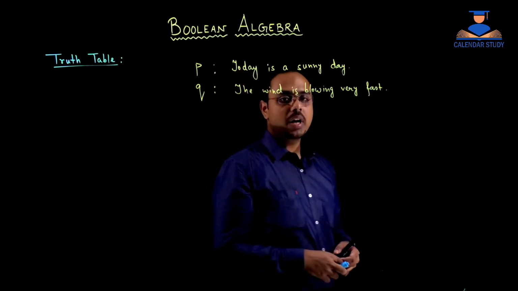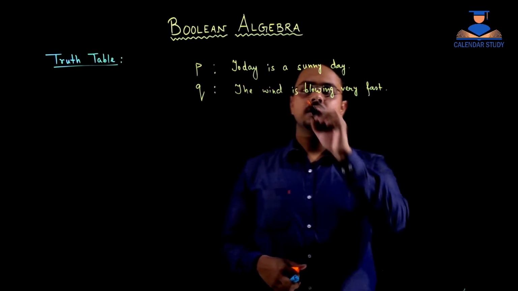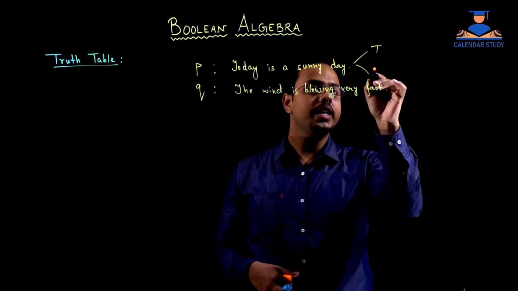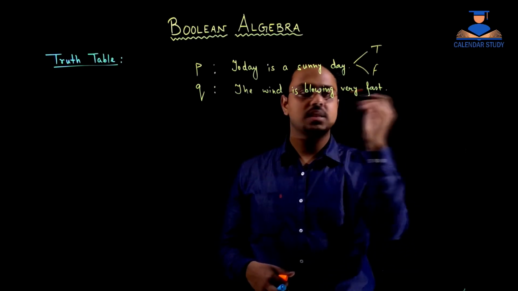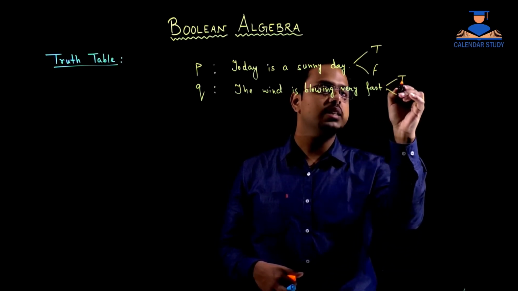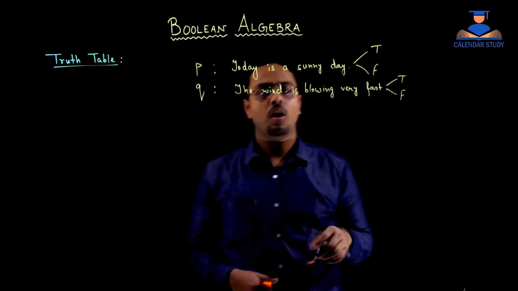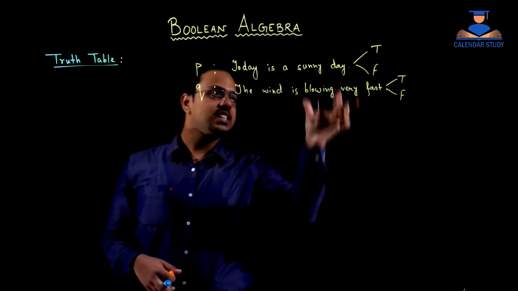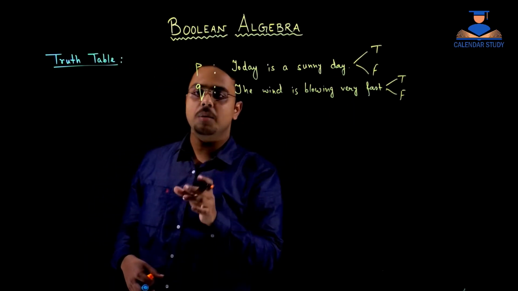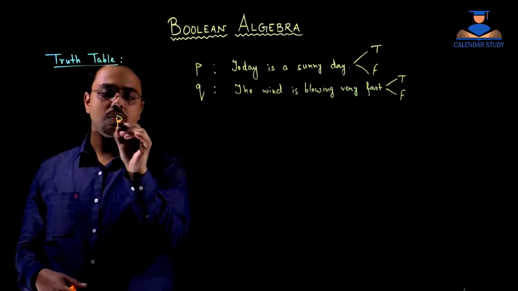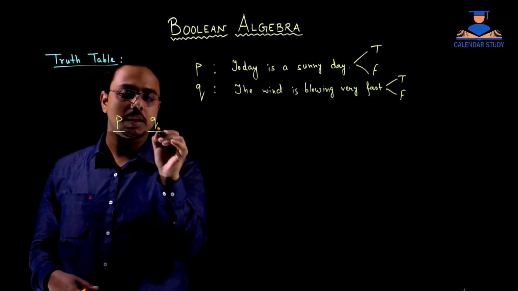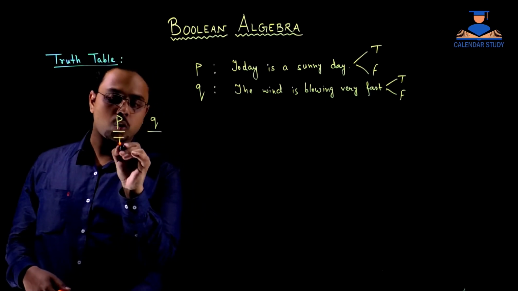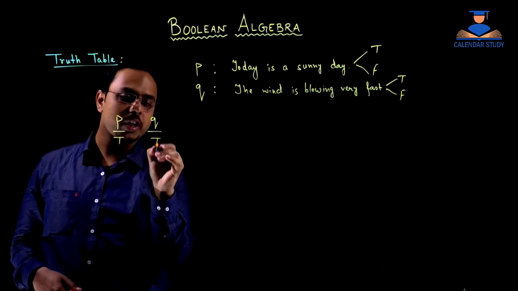so for the statement P, we can see that it has two values. Either it can be true or it can be false. The statement Q also has two values. Either it can be true or it can be false. Okay, so if we try to gather these values in the form of a table, then what will we get? Say P and Q. So P can be true and Q can also be true.